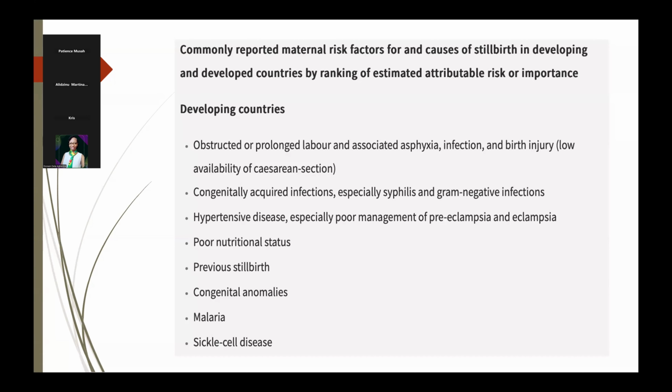Then we have hypertensive diseases like eclampsia and preeclampsia. Poor nutritional status or malnutrition will also predispose one to stillbirth. And the fact that you've had a previous stillbirth could also mean that the next one could be a stillbirth, so there's an increased risk. Then we have congenital anomalies or congenital malformations, malaria, and sickle cell disease.